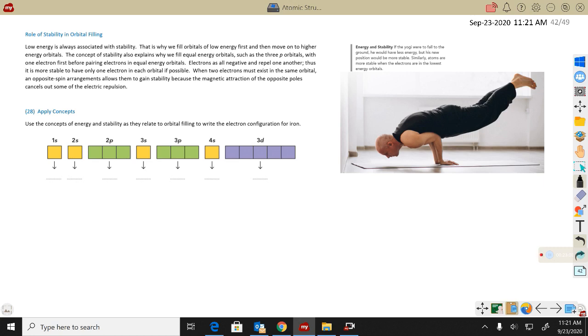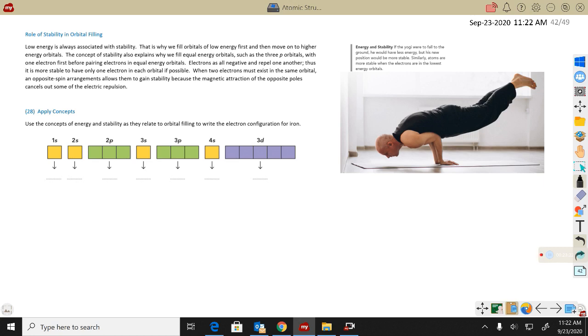Here's this yogi guy, I guess, some yoga master. If he were to fall to the ground, he would have less energy, and his new position would be more stable. Low energy is always more stable, and that's the whole point of all these rules in filling the orbitals. We're trying to put the electrons in the most stable configuration as possible.